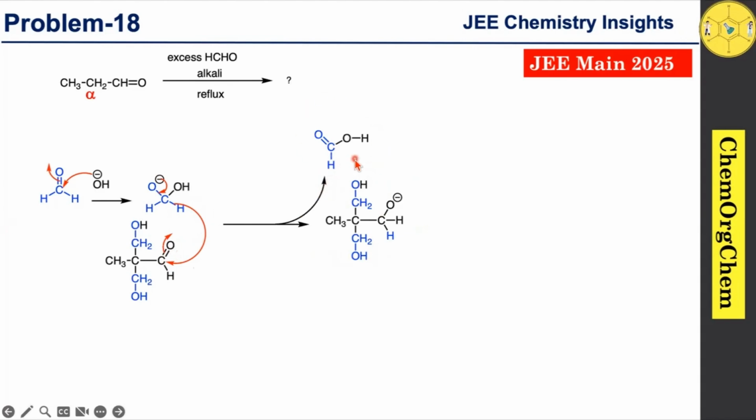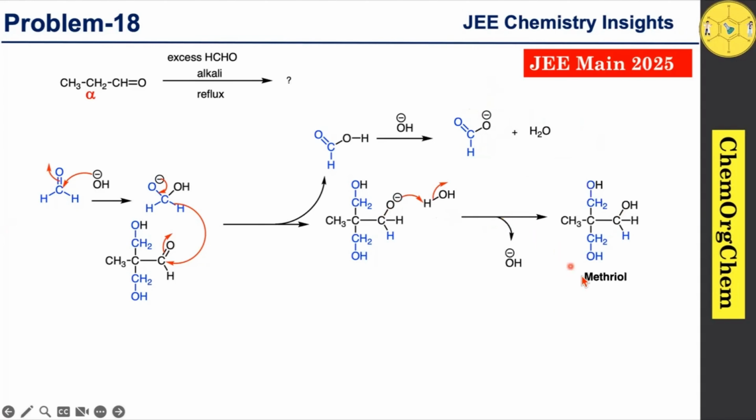This formic acid now interacts with the hydroxide ion base, which readily takes the proton, producing the formate ion as well as water as byproducts. Now this intermediate species takes the proton from water, kicking off the hydroxide ion base, and produces methanol as the final product of this reaction.